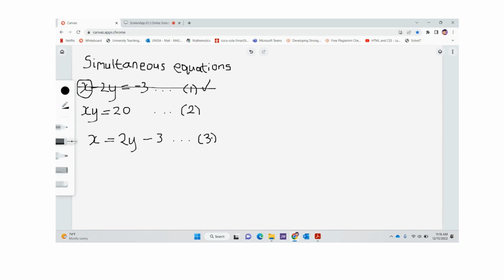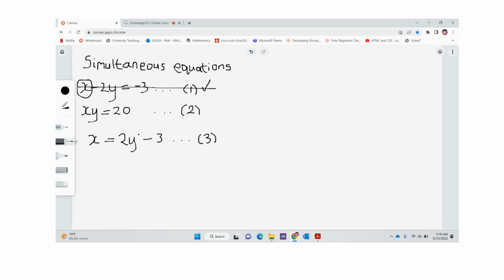It's just that we made x a subject of the formula. That is a very common mistake when learners go back to equation 1 and try to substitute equation 3 back into it. Just remember, we can't do that. Equation 1 and equation 3 at this point are just the same thing.